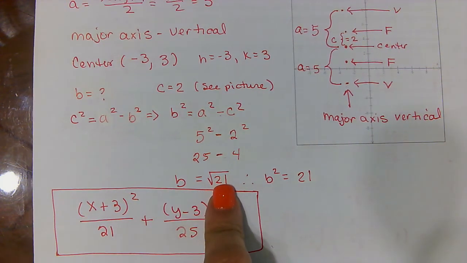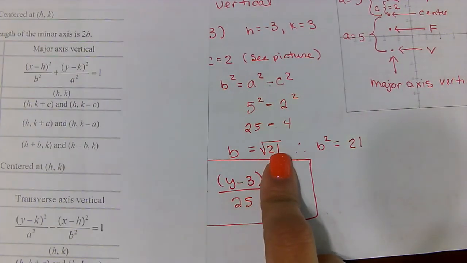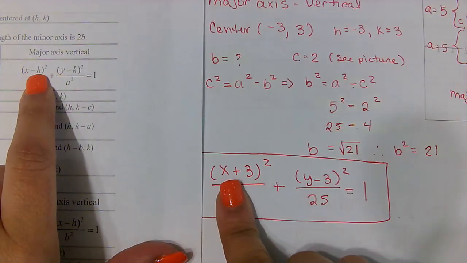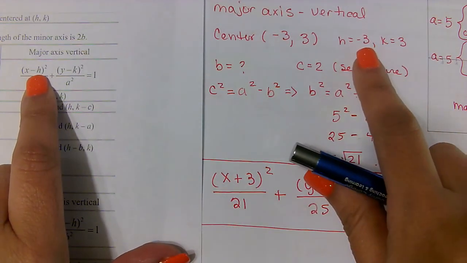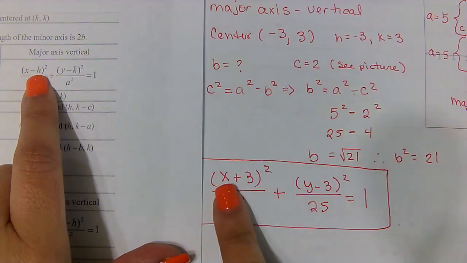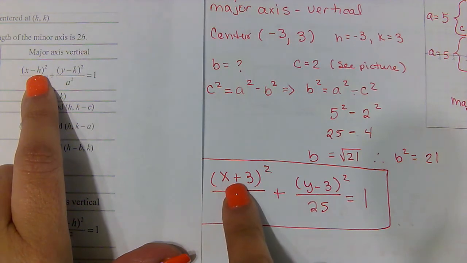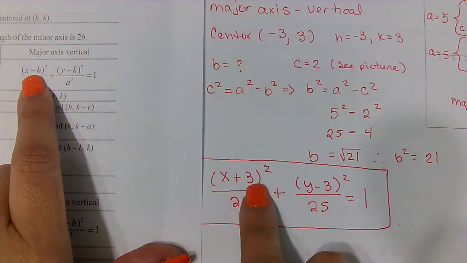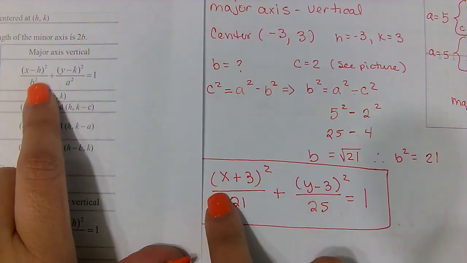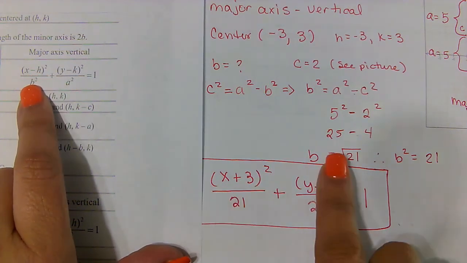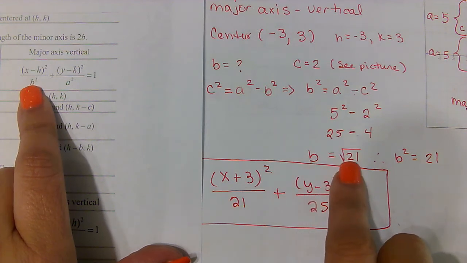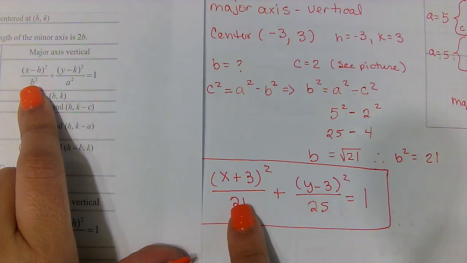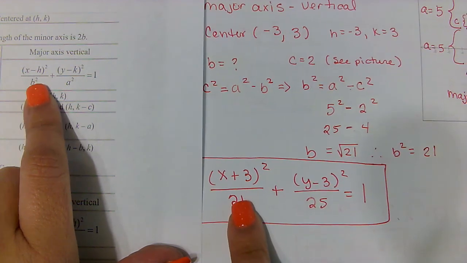To write our equation, we're going to go back and use this format. X minus h. h we said was -3, so here we're going to have x plus 3. A negative and a negative make a positive. Put those in parentheses and square it, and divide that by b squared. If b is equal to the square root of 21, b squared will be just 21, so I put the 21 in the denominator.